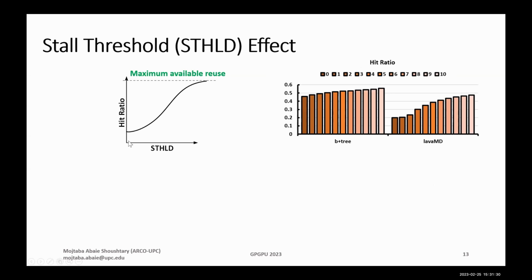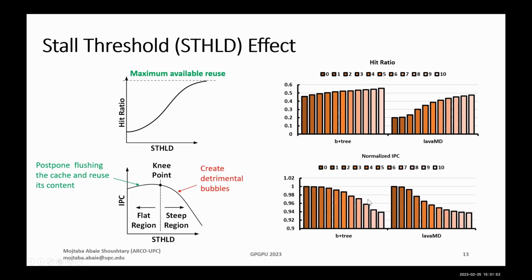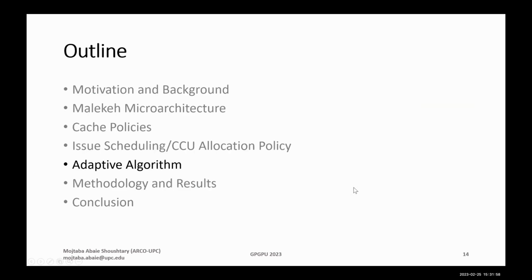We see that the hit ratio should increase when STHLD is increased, and the IPC should first increase because we have a higher hit ratio, and then it will decrease because we make many bubbles. We observe that in real applications, we also have similar effects.